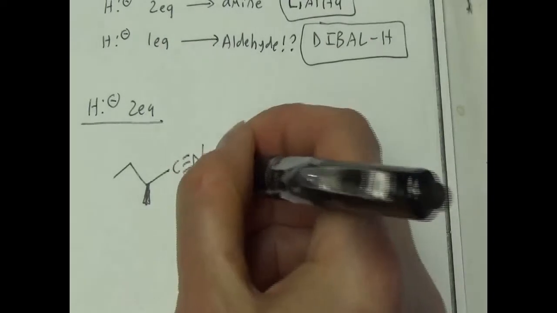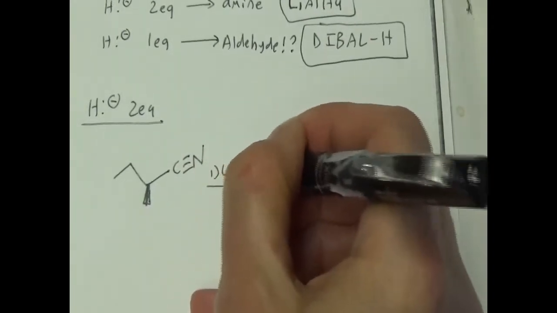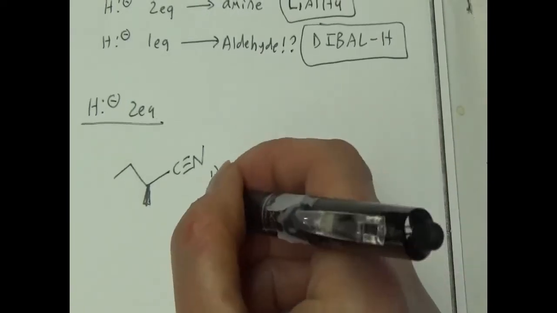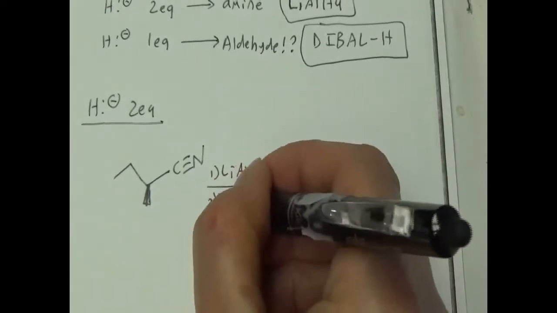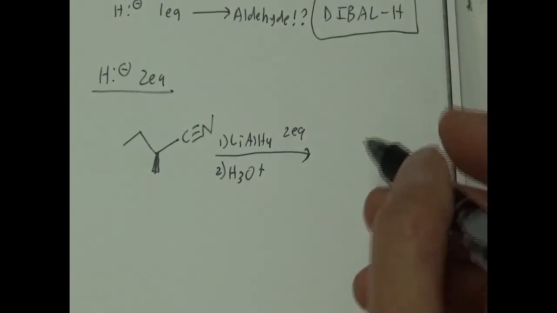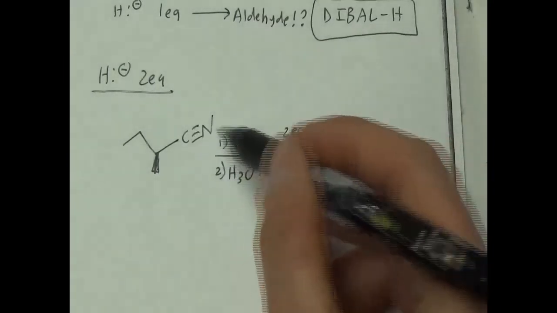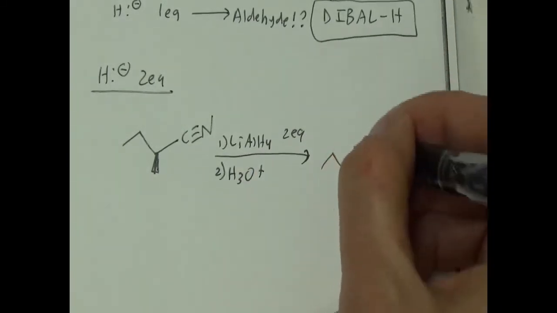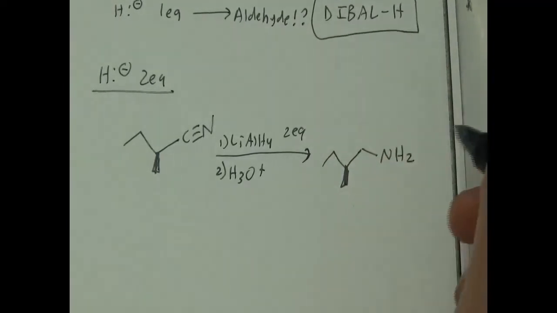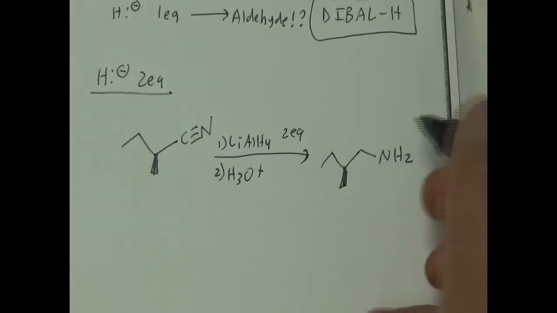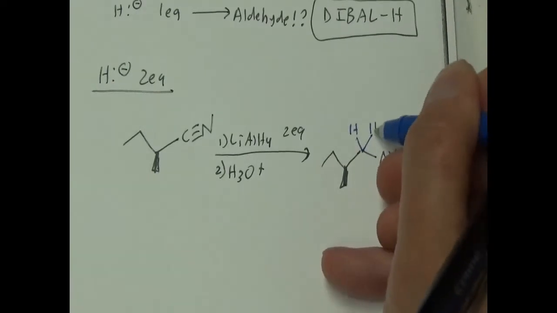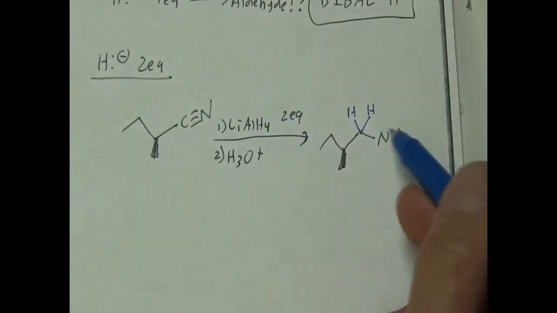We're going to react with lithium aluminum hydride, two equivalents or excess, and H3O plus. This is a pretty simple mechanism. Essentially, you're adding H once, you're adding H twice, and you get an amine. Of course there's two H's there. I'm not showing them, but let's just show them. We add these two H's, delivered from lithium aluminum hydride.